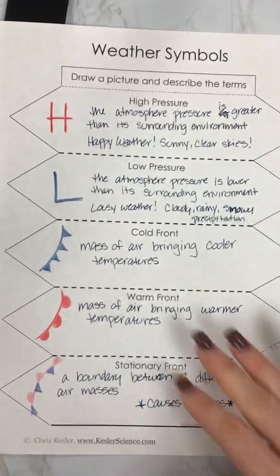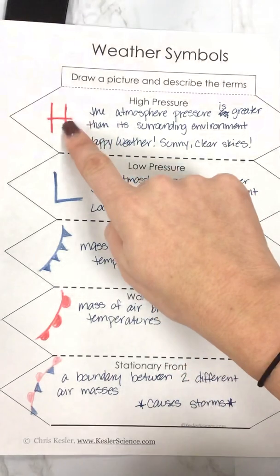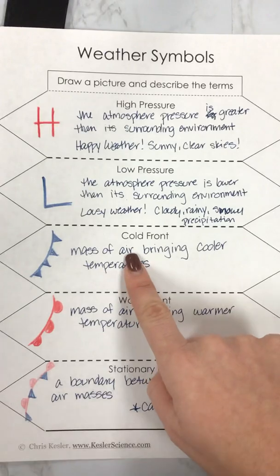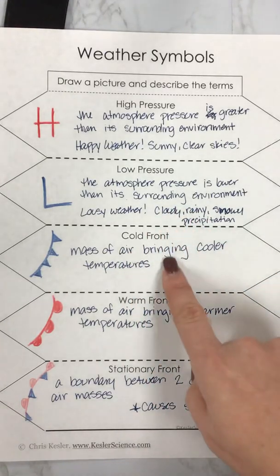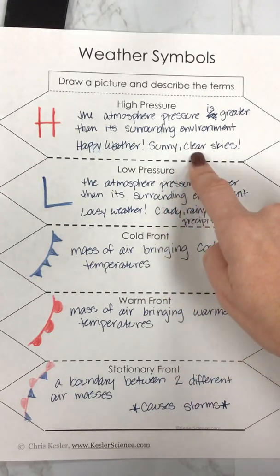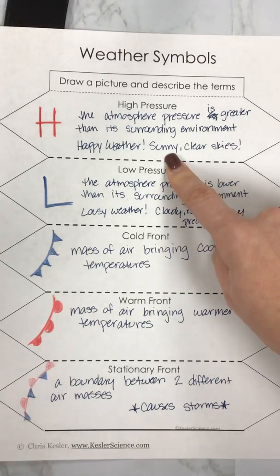Now, just because high pressure and warm front are both red doesn't mean they always have to go together. You could have a high pressure system and a cold front. Think about during the winter. It's not cloudy, rainy, snowing every single day. Sometimes it could be 45 degrees outside, but it's also sunny and there's clear skies. Remember that the sun is out all 4 seasons, not just during the summer.